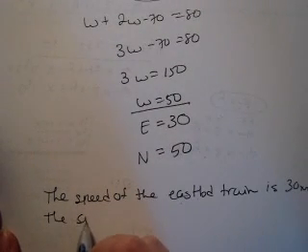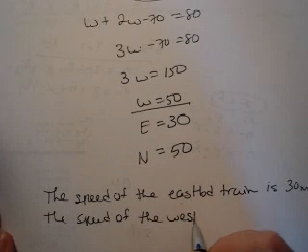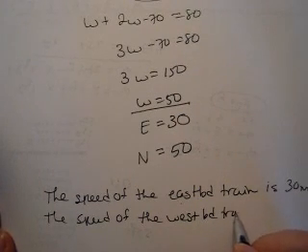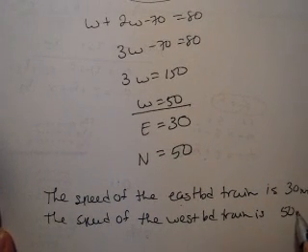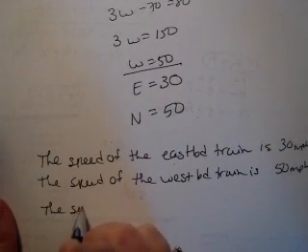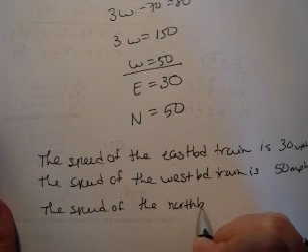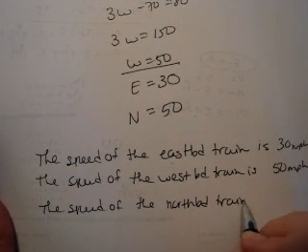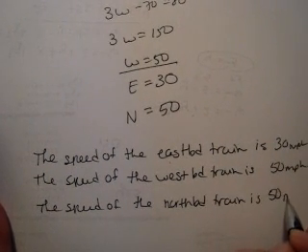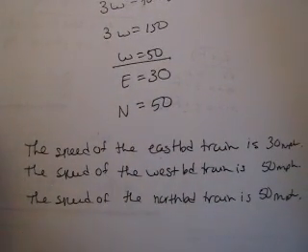The speed, we need 3 sentences for this one, of the westbound train is 50 miles per hour. The speed of the northbound train is 50 miles per hour. And that's what I'm going to look for. Okay, there's our first word problem.